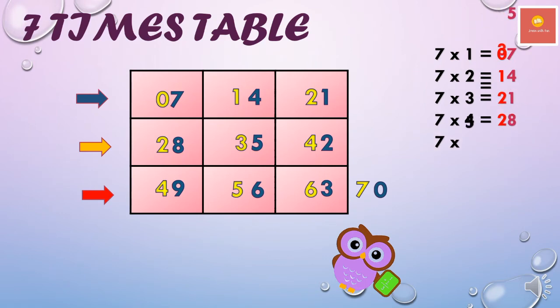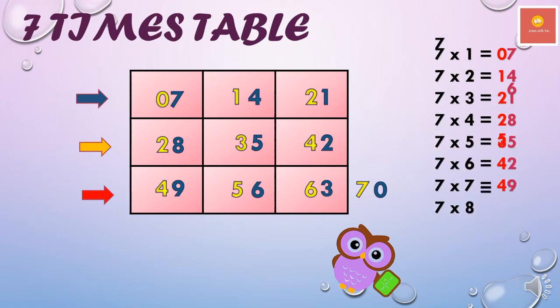7 ones are 7, 7 twos are 14, 7 threes are 21, 7 fours are 28, 7 fives are 35, 7 sixes are 42, 7 sevens are 49, 7 eights are 56, 7 nines are 63, and 7 tens are 70. These are just simple tips and tricks that you have to master, and then you will be able to remember the times tables.